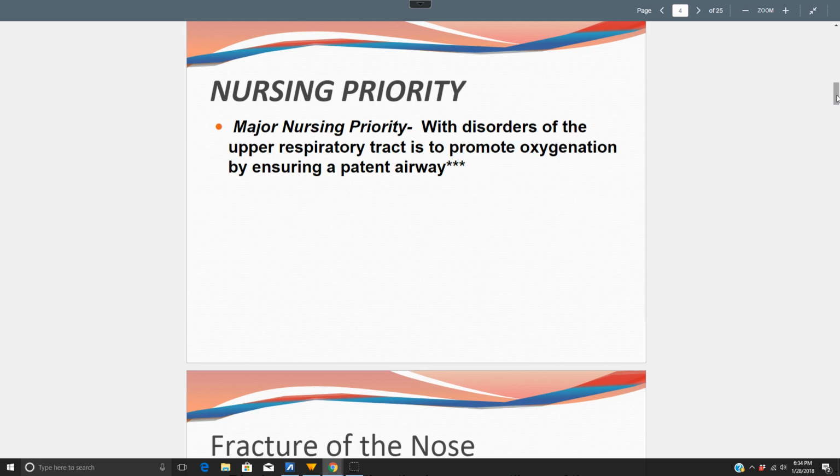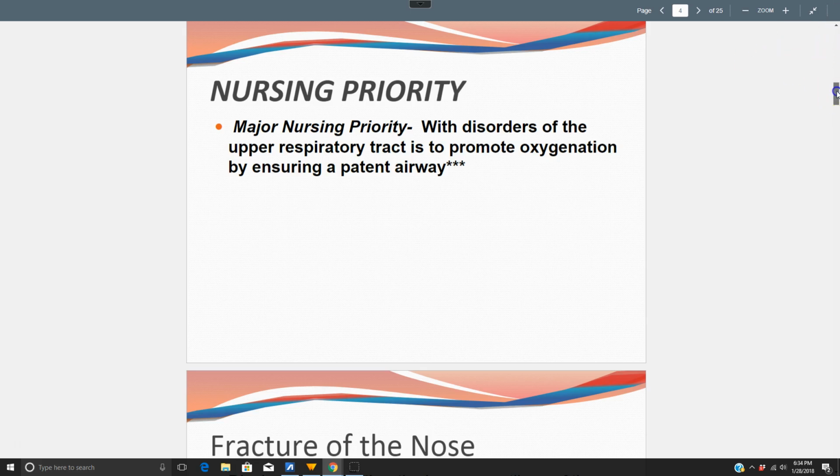Our concern is that many of these injuries are not life-threatening in themselves, but they can later on impair airflow and cause the upper respiratory system to become obstructed, especially when we have bleeding or any type of swelling or edema occurring because of the severity of the injury.